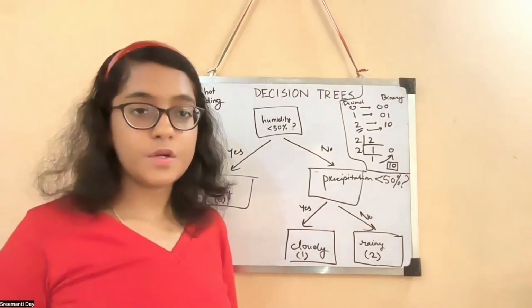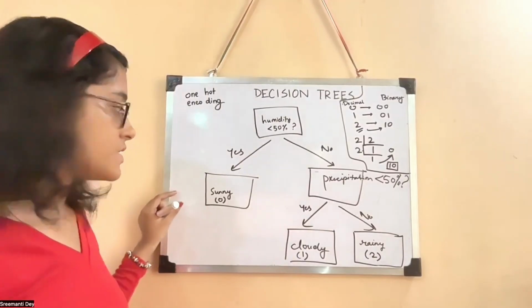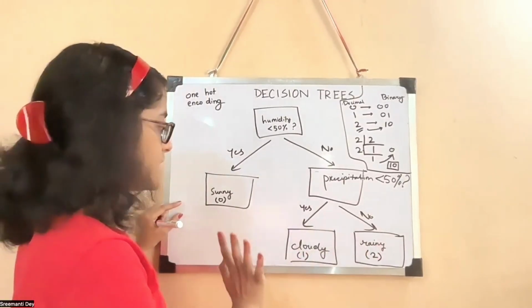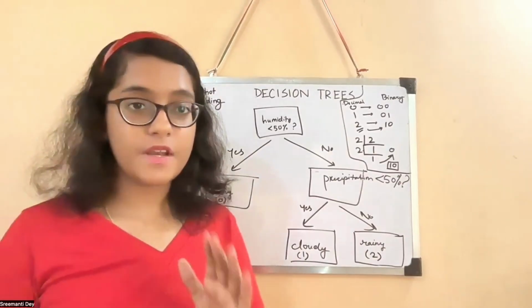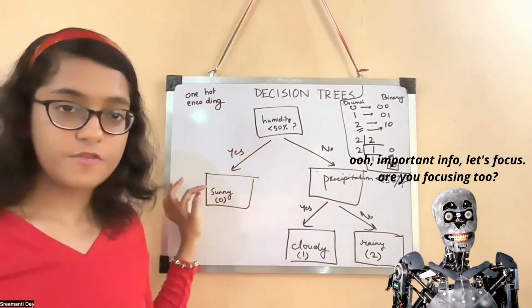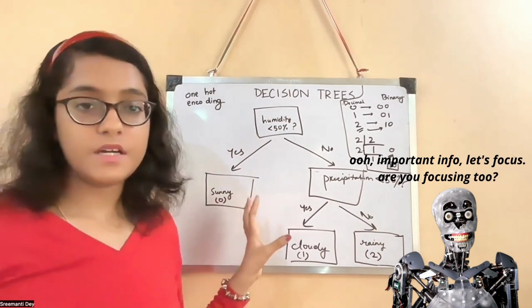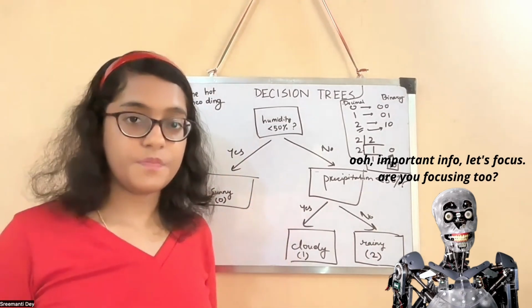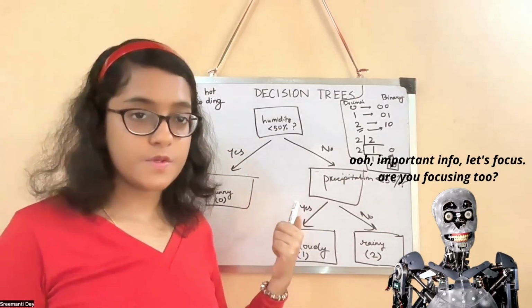Now I also want to discuss another important thing, keeping in mind this graph. These, as I said, are the leaf nodes. Remember this carefully: it can happen that even though humidity is less than 50%, some point here is cloudy. Humidity less than 50% doesn't always mean it's going to be sunny.